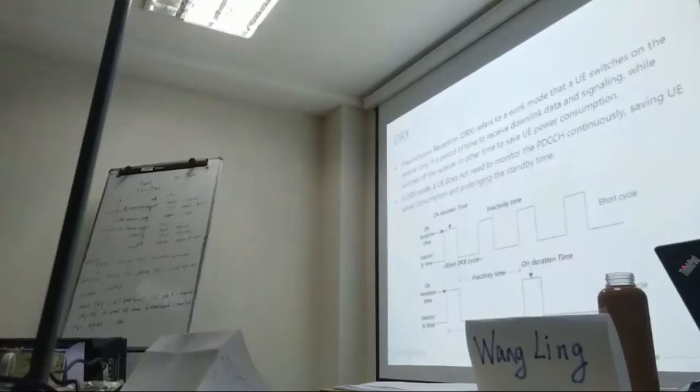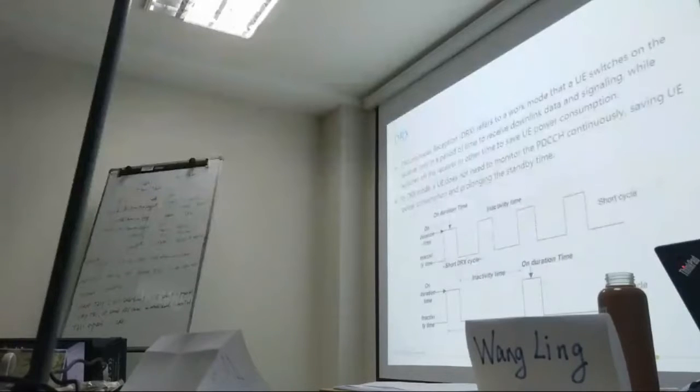So even for connected state, we will set a DRX, that is a discontinuous reception strategy for this UE. You don't need to always monitor it. You only monitor during the duration time. The rest of the time, just go to sleep.